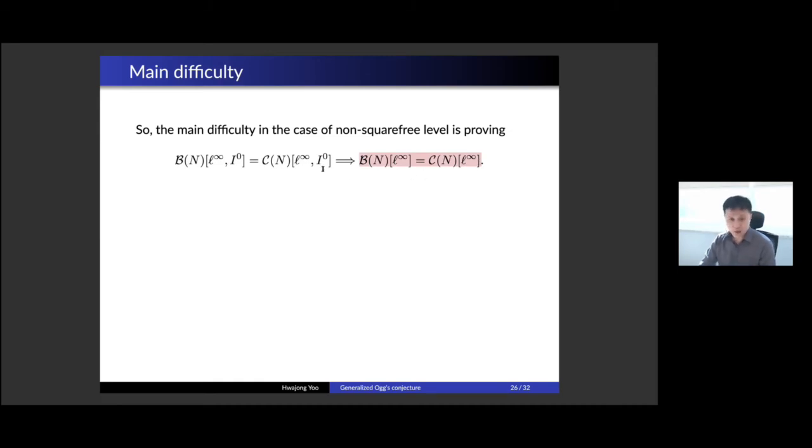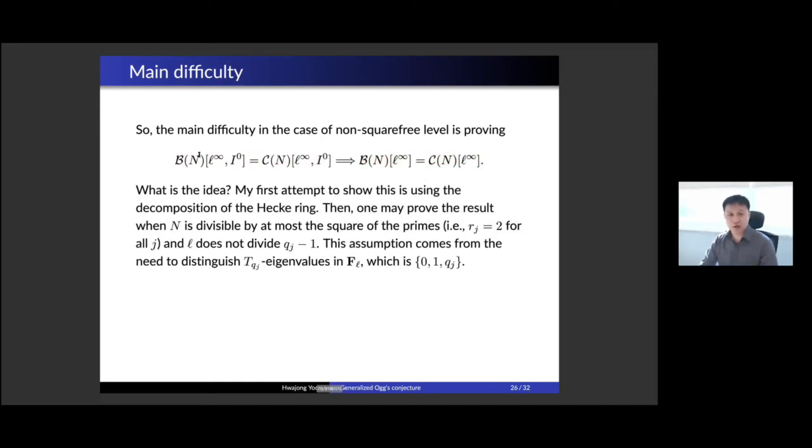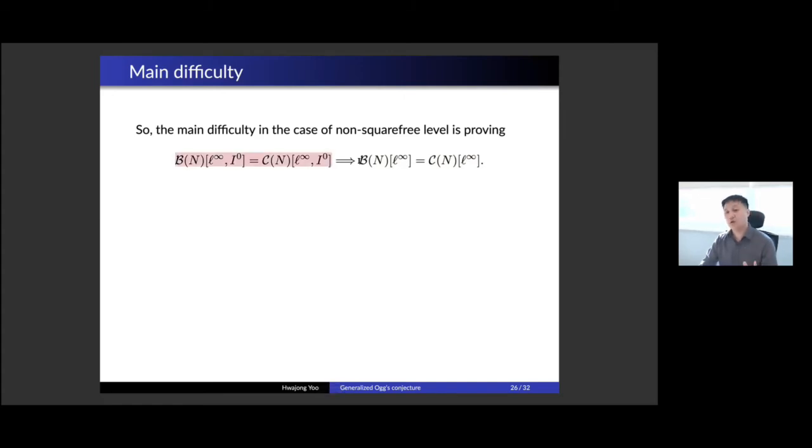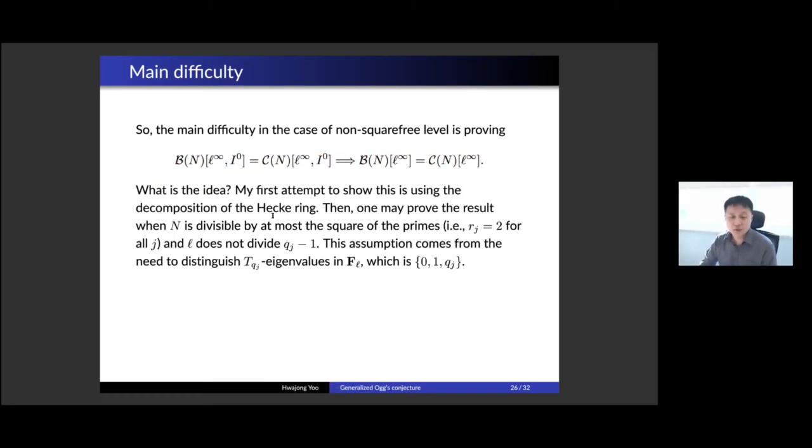And actually, I proved this one is equal about 3 years ago, but I couldn't get this direct implication. My attempt is to decompose using the decomposition of the Hecke ring. And then one may prove the result when n is divisible by at most squares of the primes, which means r_j equals 2 for all j, and also l does not divide q_j minus 1.